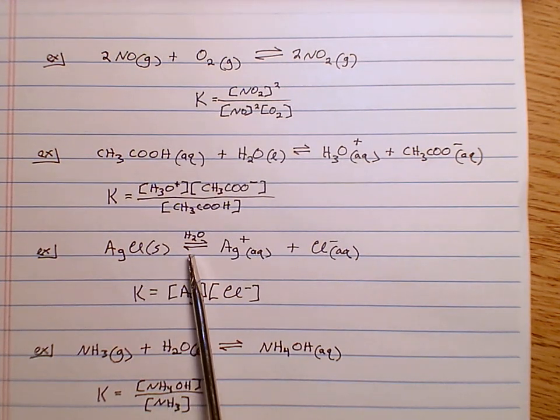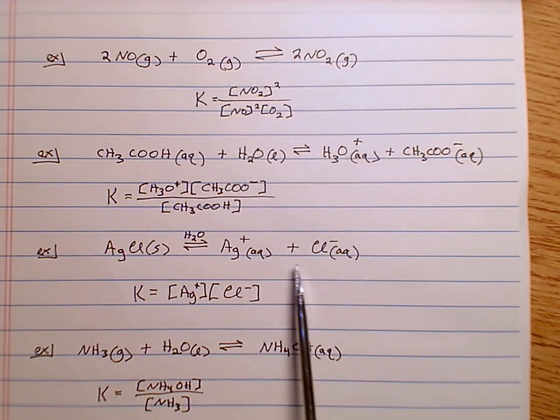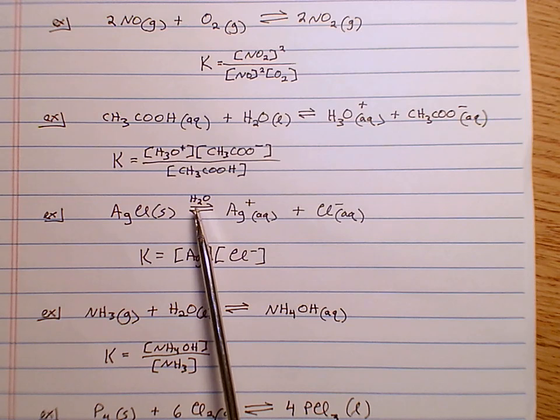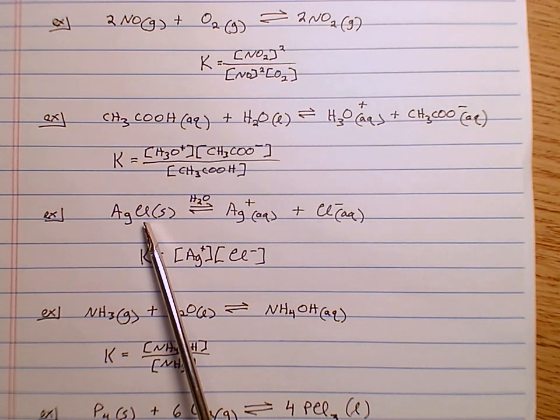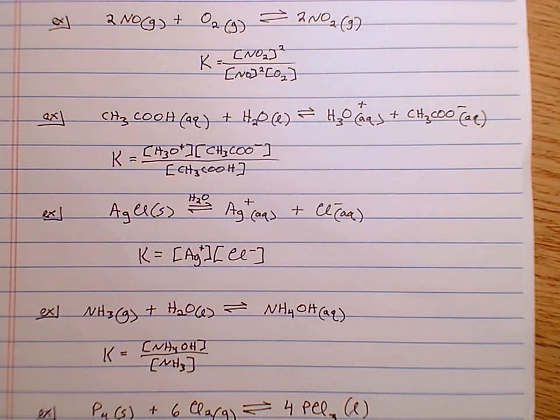Okay, what about this one? AgCl solid plus, when you put it in H2O, it goes to Ag+ aqueous plus Cl- aqueous. Note, I put the H2O above the equilibrium arrows, meaning I took solid silver chloride and tried to dissolve it in water. The water is not part of the reaction, I'm just dissolving this. So I put the H2O above the arrows, meaning it's not a reagent in the reaction.